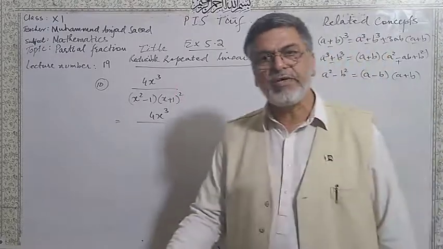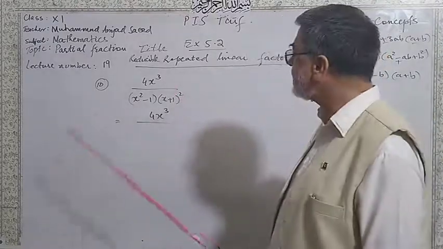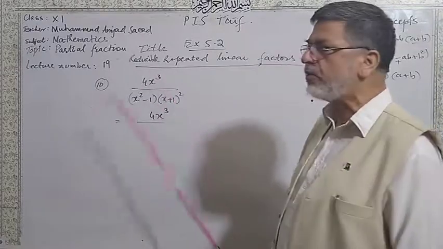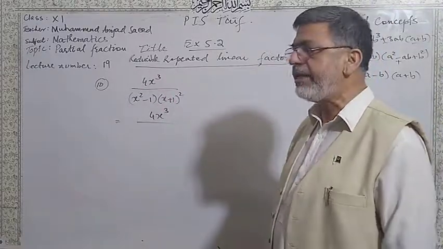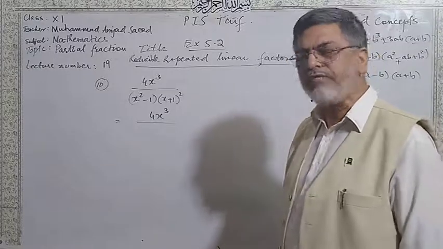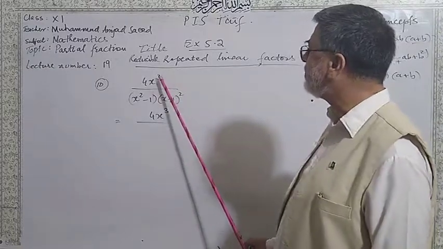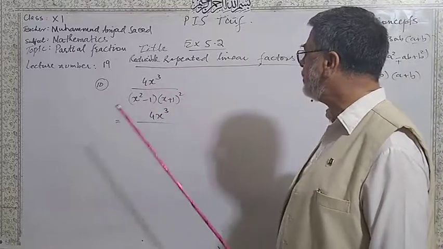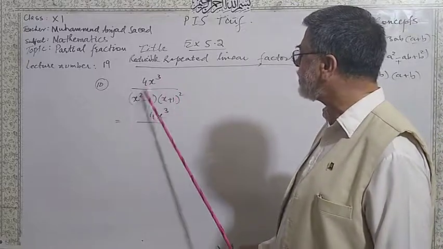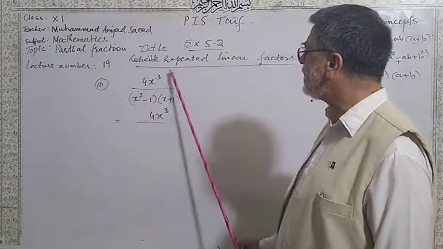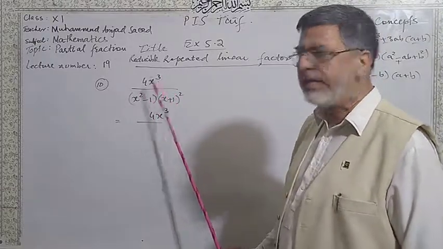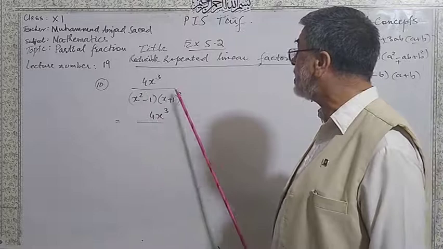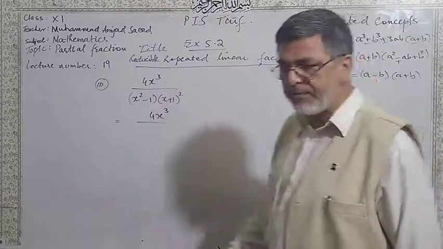So first of all, we have to convert this improper fraction into a proper fraction by actual division, by long division. But in case the degree of the numerator is less than the denominator, you can check, this is 3, here is 2 and here is 2 also. So the degree of the numerator is 3 and the denominator is 4. That's why it is a proper fraction.